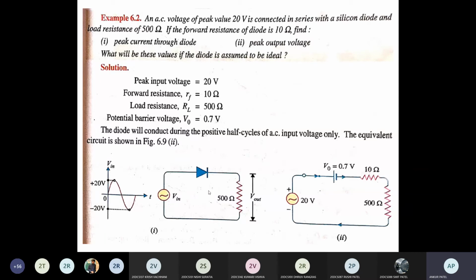This circuit is converted into this one, with VF across the diode acting as a switch, V0 the potential barrier, and RF the forward resistance of the diode. So peak input voltage 20, forward resistance 10, load resistance 500 ohm, potential barrier 0.7 volt.